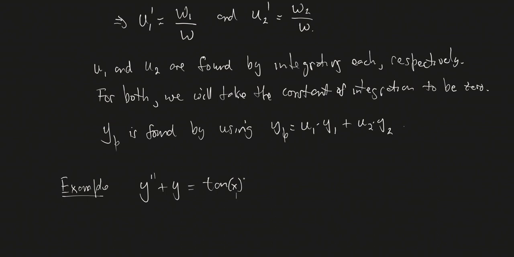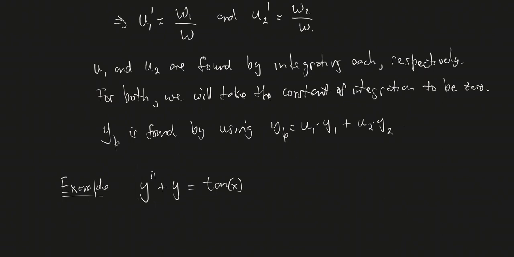The problem with the tangent function is that when you repeatedly differentiate it, it doesn't stay just a tangent function. In fact, the first derivative of tangent is secant squared. So it changes form, right?